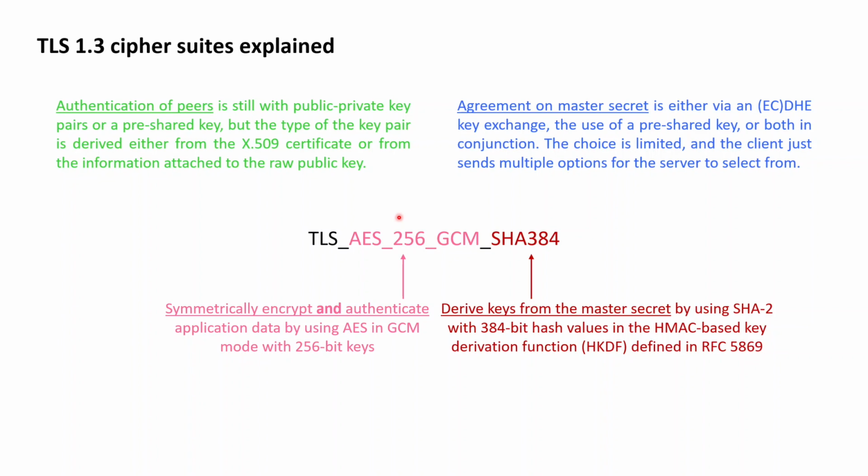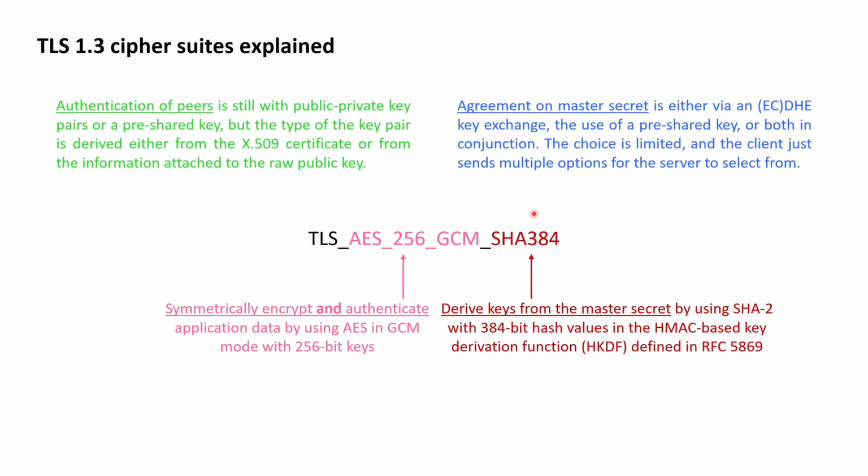GCM as an instance of authenticated encryption with associated data now provides both confidentiality and authenticity to the application data, and as such, we are only left to have the key derivation specified by the cipher suite. The key derivation is then specified by the last part of the cipher suite, and in this case reads SHA-384, indicating the SHA-2 cryptographic hash function with 384-bit hash values.